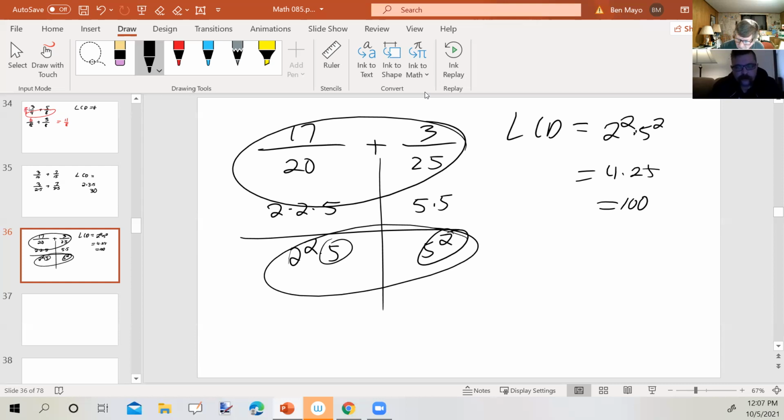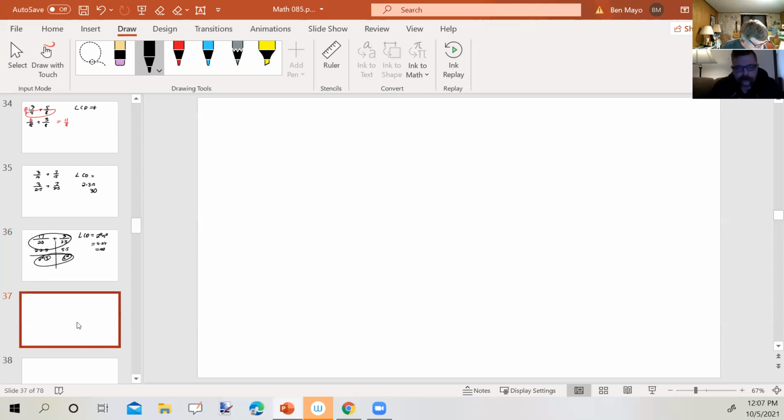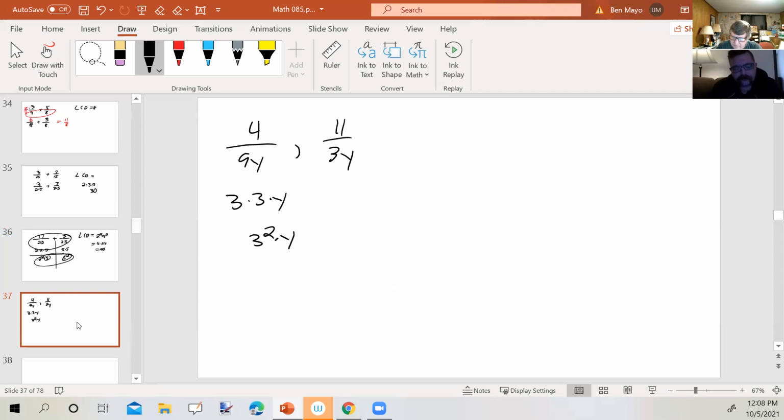Okay, let's apply that to algebra. It says, find the LCD of each pair of rational expressions. 4 over 9y, 11 over 3y. Okay, so if we factor 9y, we get 3 times 3 times y, or 3 squared times y.